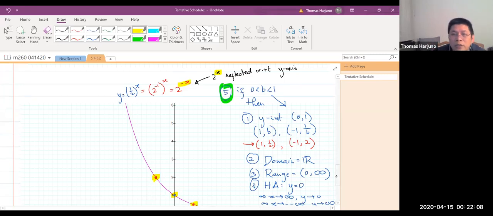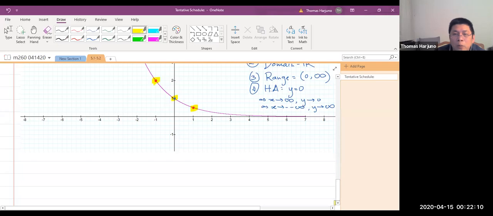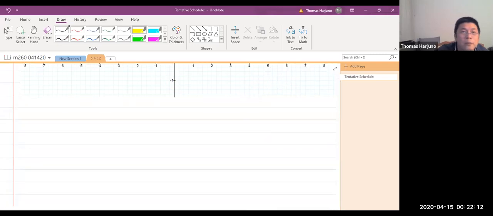Now, from here we see something very important, and that tells us what we are going to do with these graphs.